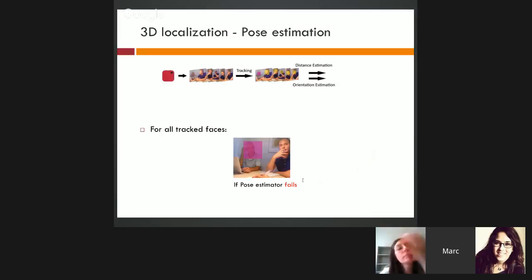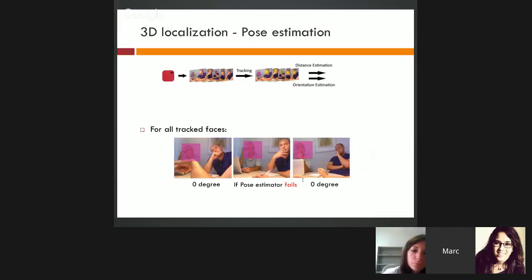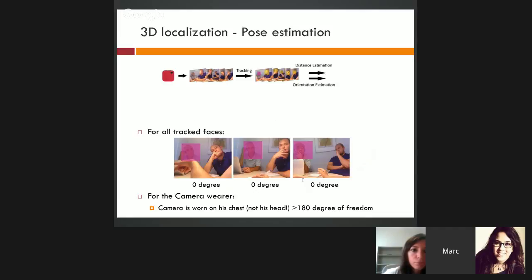In the case that in some frames it couldn't find the orientation, we made an interpolation between the neighboring frames, and we found the right direction. Also for the camera wearer, we do not know where he's looking, as I said, because the camera is worn on the chest. So we just consider 180 degrees of freedom for him, but we put the probability on him looking at the other people.